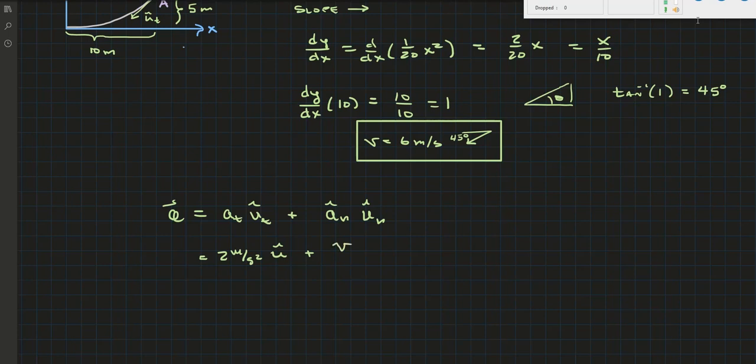The normal acceleration is v squared over r, or rho. My mistake. And that's in the normal direction. So we just got to figure out what r is.